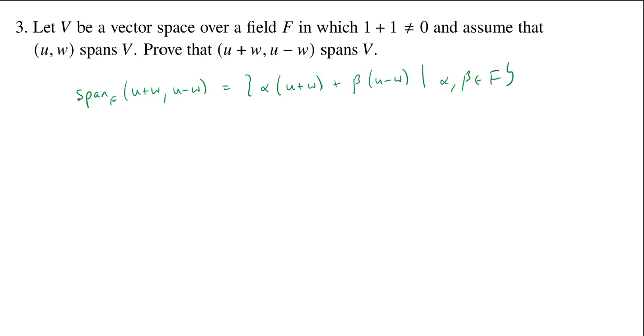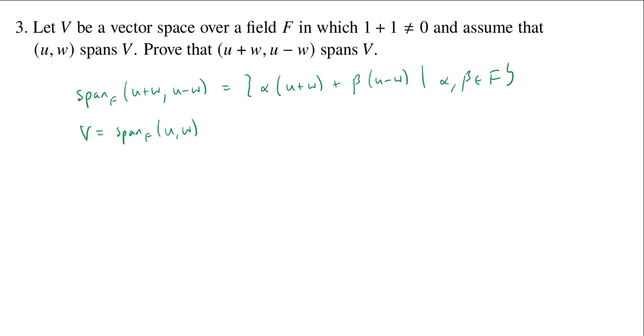So these are linear combinations of the vectors u plus w and u minus w. Now, I already know that V is equal to the span of u and w.